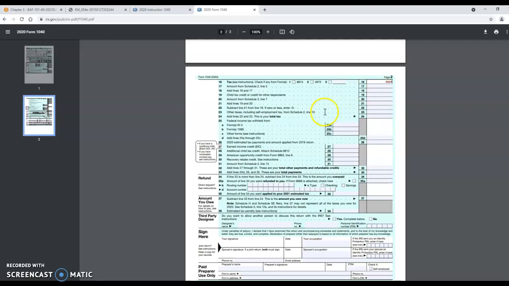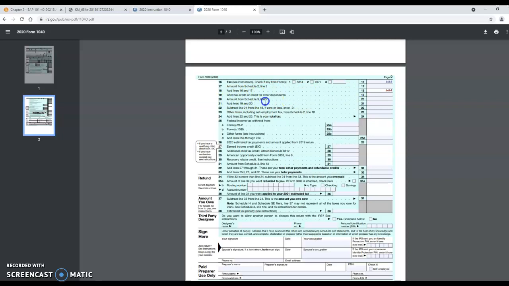6,664. Now line 17 is an amount from Schedule 2. In this example, we're not worried about any other schedules, so he doesn't have that. So line 18 is add lines 16 and 17, so that's still 6,664. Line 19 is a child tax credit or credit for other dependents. He didn't have any dependents, so he doesn't get those credits.